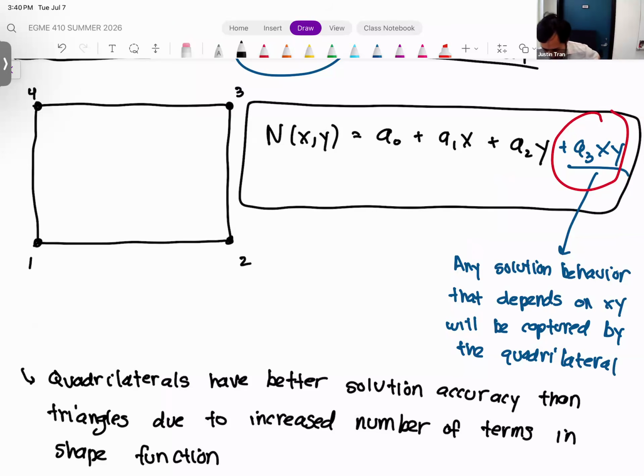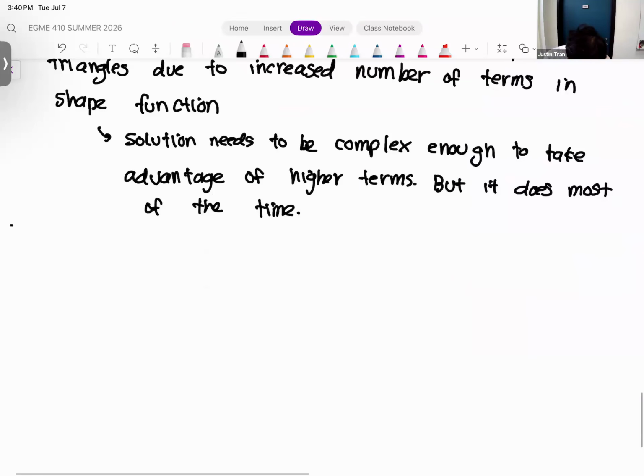Not necessarily. Even if your shape function does not account for a certain type of solution behavior, a lot of times that really only matters if your elements are fairly large and your solution is going to vary a lot across the element. Let me put it this way.